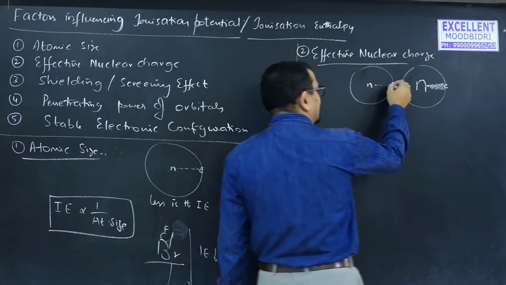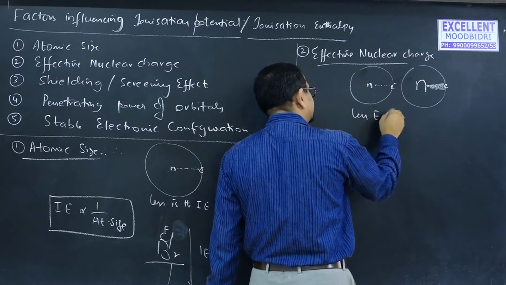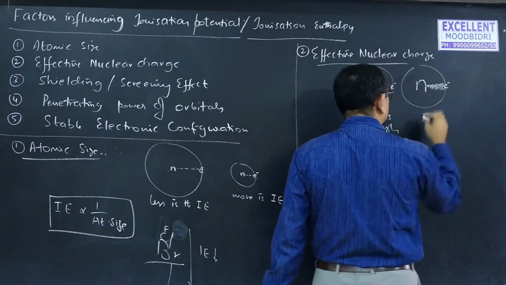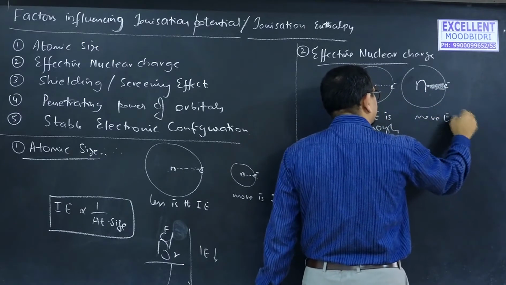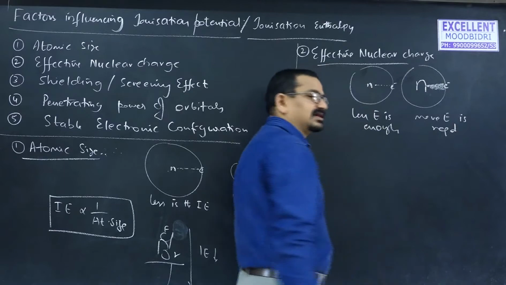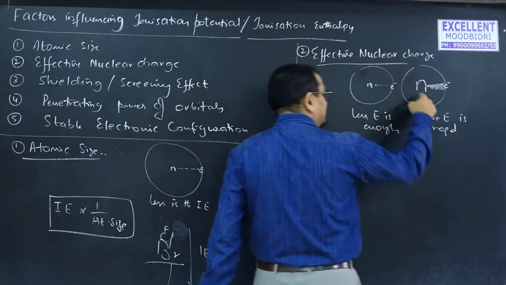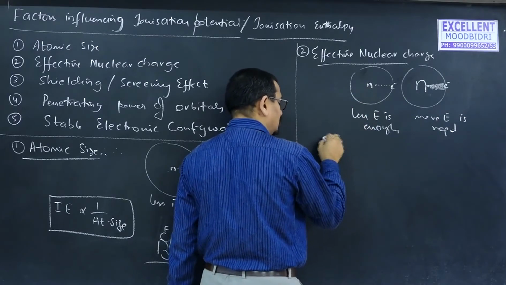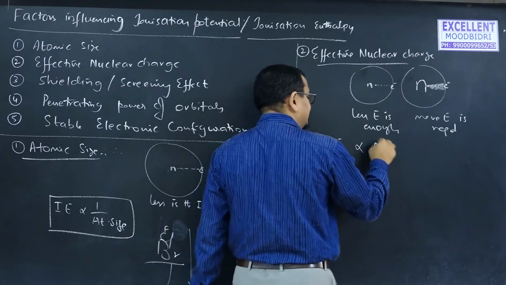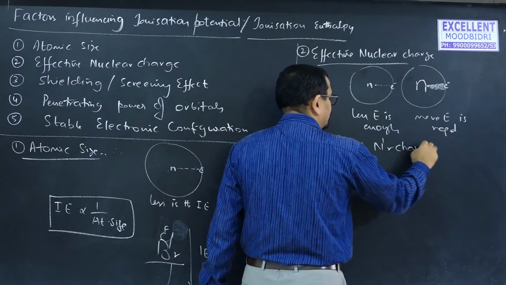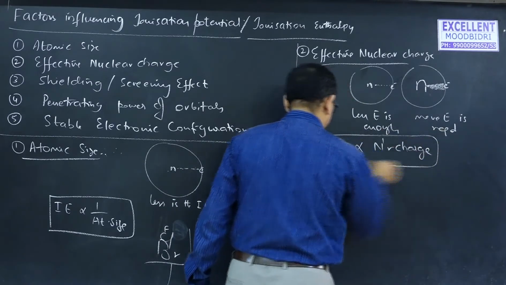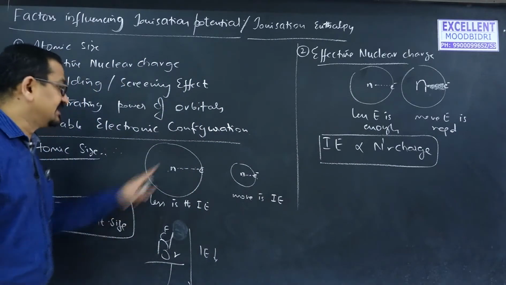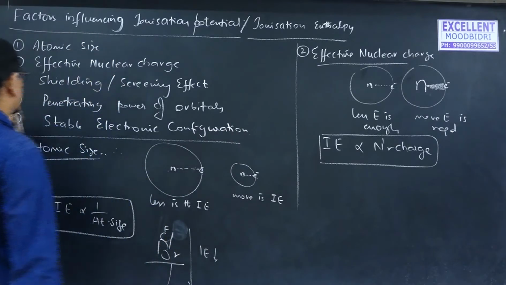As they are weakly held, less energy is enough to remove an electron, whereas here, as the electron is strongly held, more energy is required. So more the nuclear charge, more is the ionization potential. Ionization enthalpy is directly proportional to effective nuclear charge, and inversely proportional to atomic size.